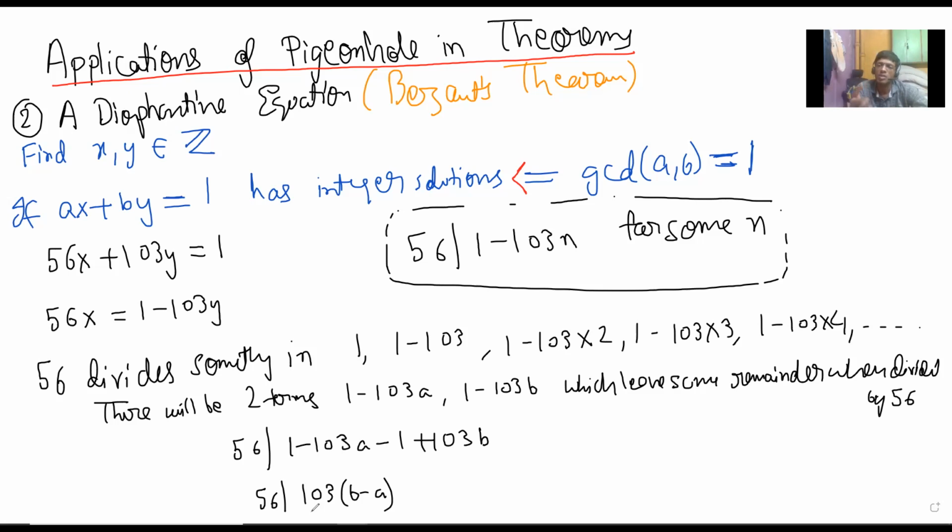What you can say is that two of them will leave the same remainder when divided by 56. If you consider the remainders as the cages, then two of them will fall in the same cage. You cannot say that one of them will fall in 0, or that every cage will be filled. That cannot be said in general, though that's what we want to say, but we're not able to say so far.